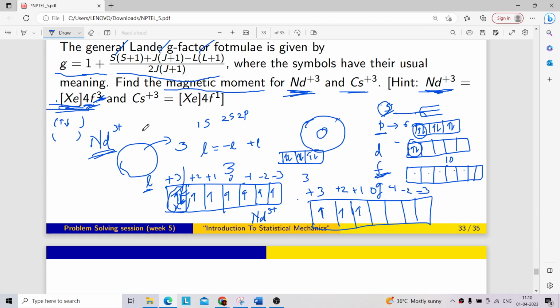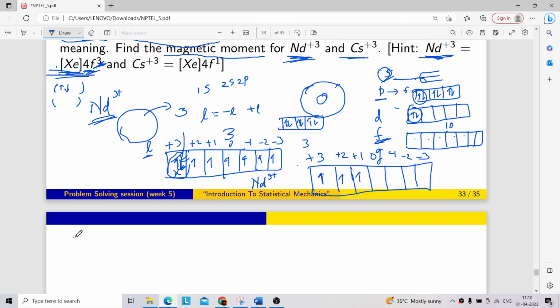So from this Landé g formula we can say the total angular momentum J can be L plus S or L minus S. It is L plus S when more than half of the suborbitals are occupied, like if there are 7 suborbitals and 4 electrons occupying them.